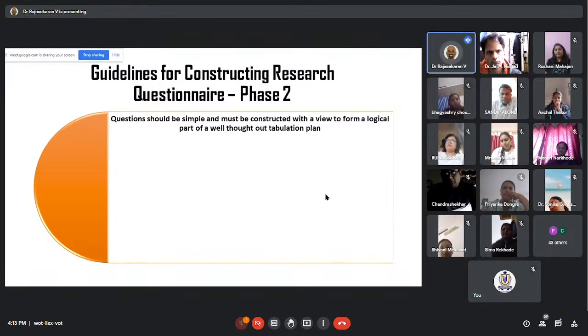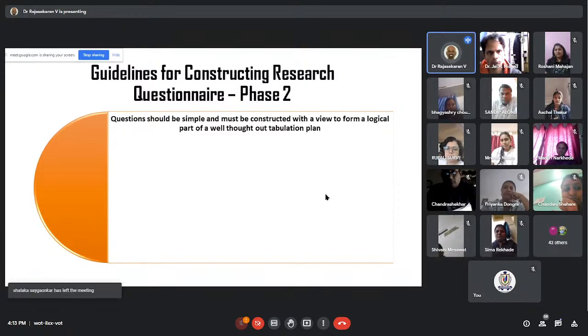Instead, you give the options, you decide. Somebody who's illiterate, give the option illiterate, 1. Then somebody who studied only primary education, give 1 to 5th standard or 1 to 5th grade. Then 6th to 10th grade. Then 11th to 12th grade.